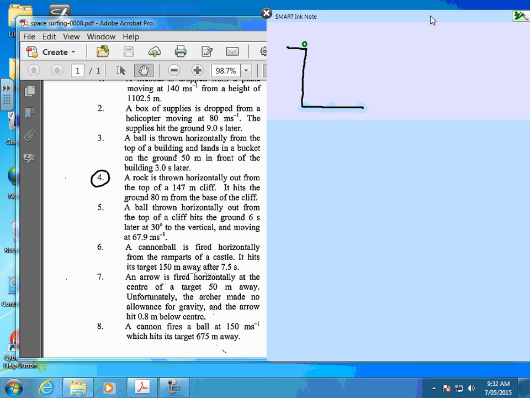The rock is thrown out horizontally and some distance away. Now we're told it lands 80 metres from the cliff, I hope that's what it says. The rock is thrown horizontally out.